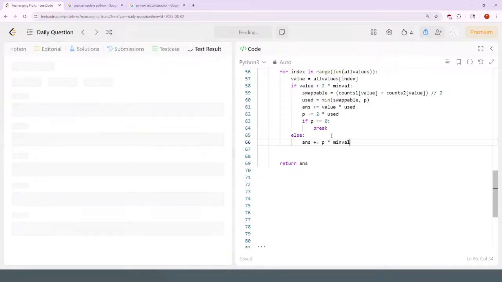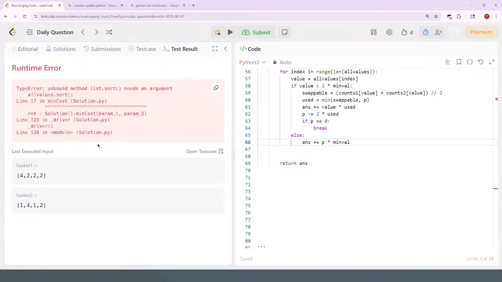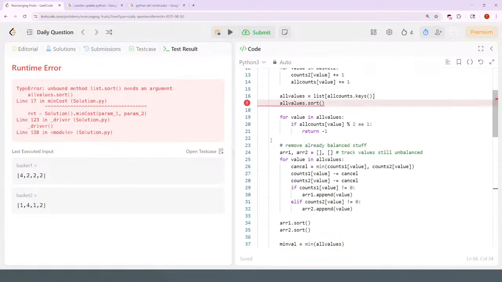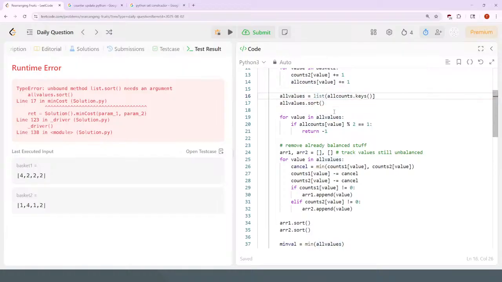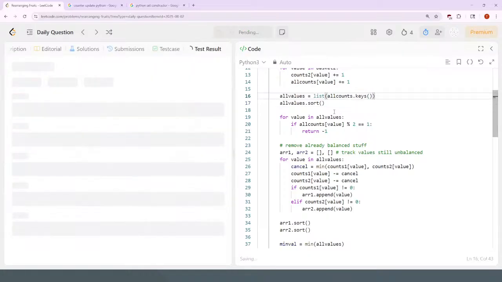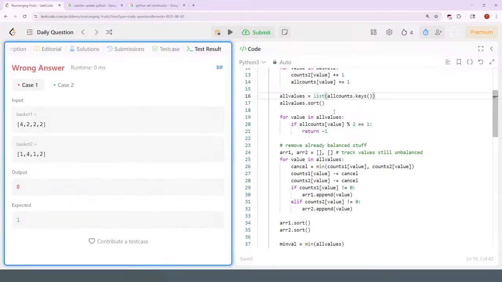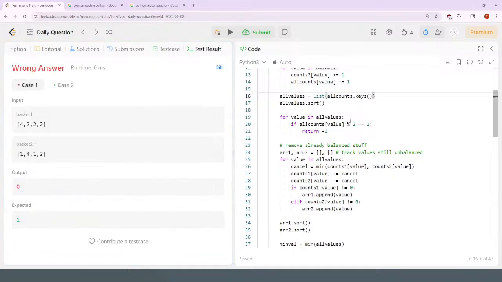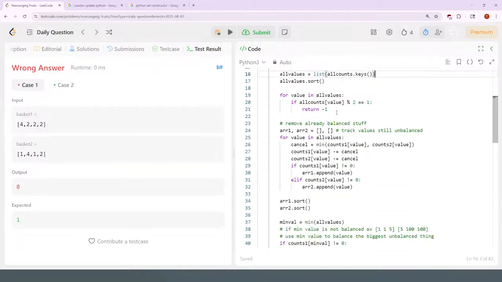Okay, here goes nothing. List sort. Oh whoops, that's not how you create a list from something. Return zeros.